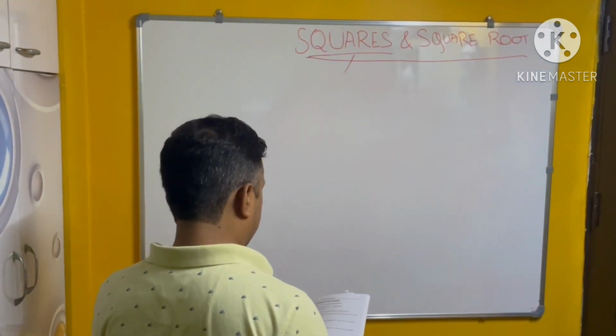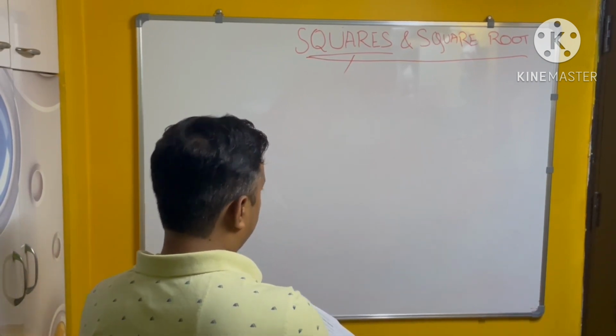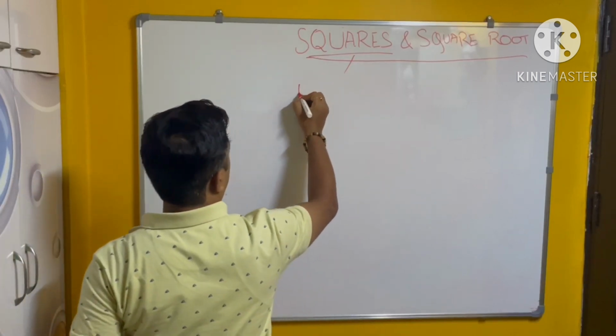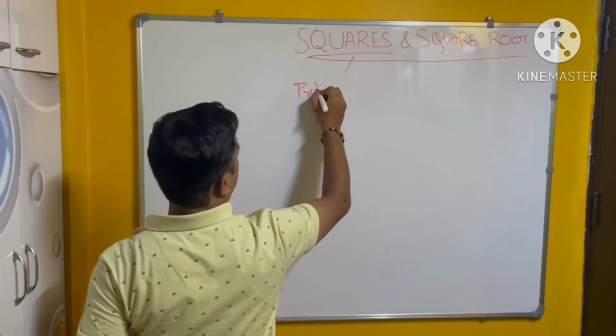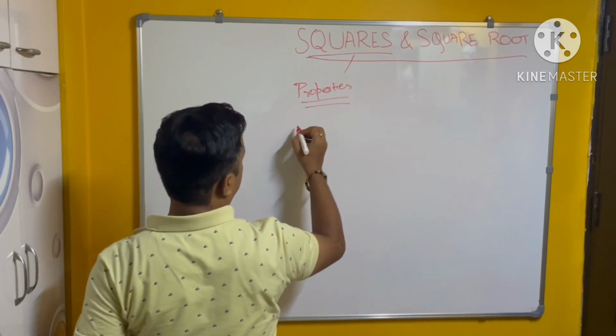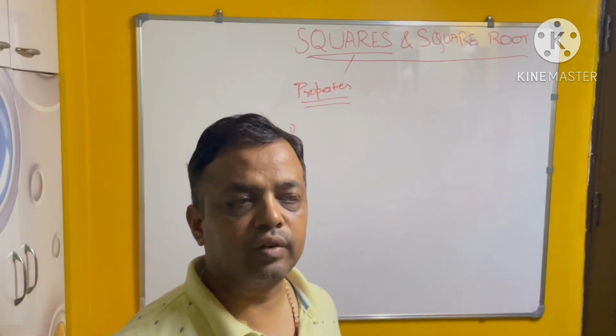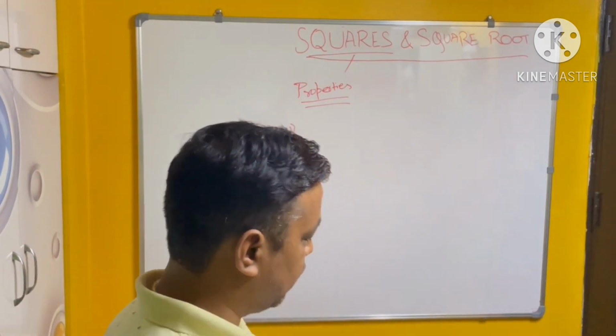Properties. What are the properties? These are some standard properties through which you can directly give an answer whether it is a perfect square or not.